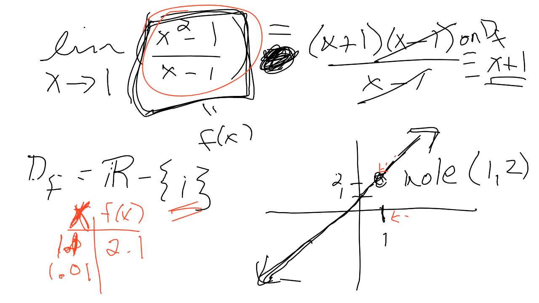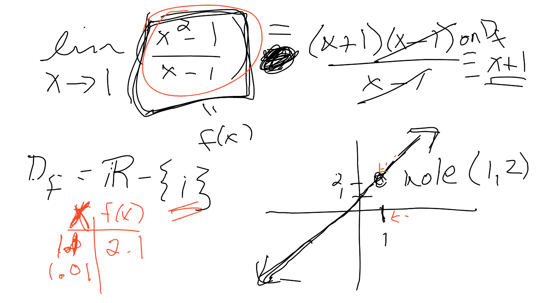If I square 1.01, and then subtract 1 and then divide by x minus 1, we're going to get something a little closer.